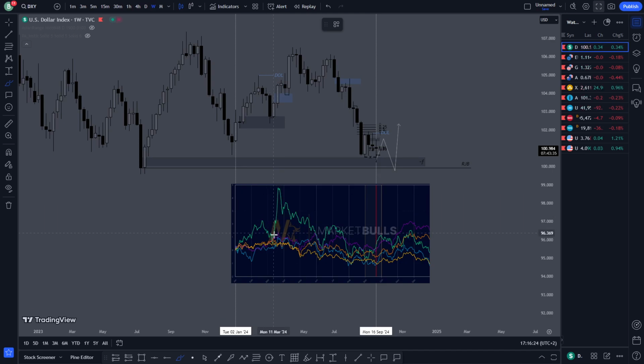Not price, the data was showing a really big pump to the upside. First this is March, a small push to the downside, then a big push to the upside. So how could we determine what our draw on liquidity will be in this case?